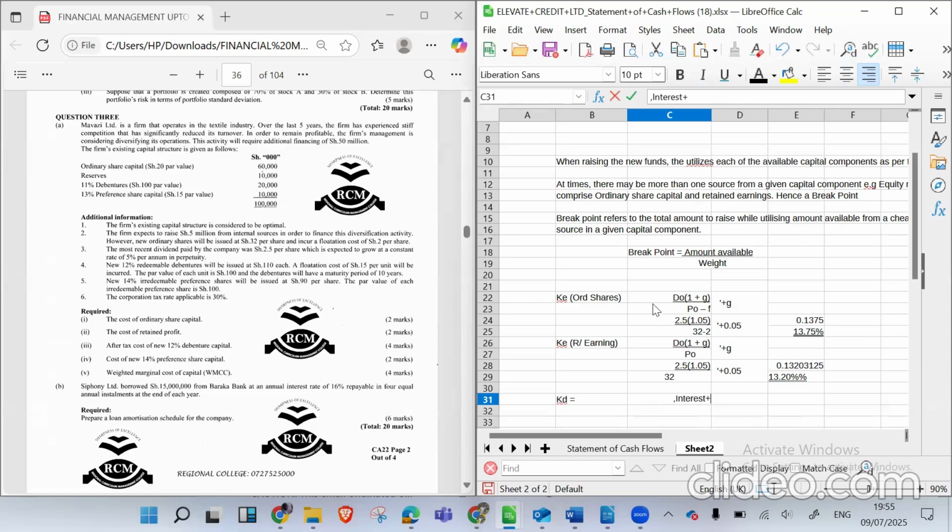So it's interest plus 1 over n into market value minus the book value or the face value, divided by a half into market value plus book value.